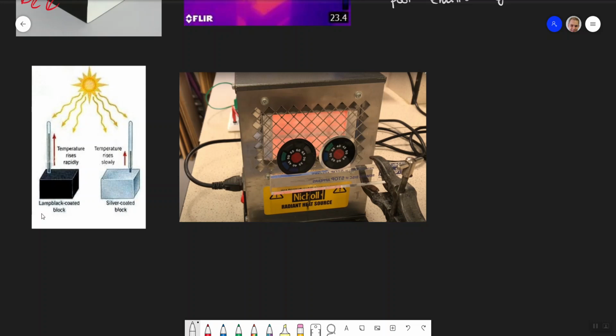You could do similar stuff in the sunshine, using thermal radiation from the sun. But what we find is that silver or light colors will rise in temperature more slowly than the dark colors. So this disc, which is the dark one, is nearly at 65 degrees, whereas this one's about 35 degrees. And you can see that was quite rapid.